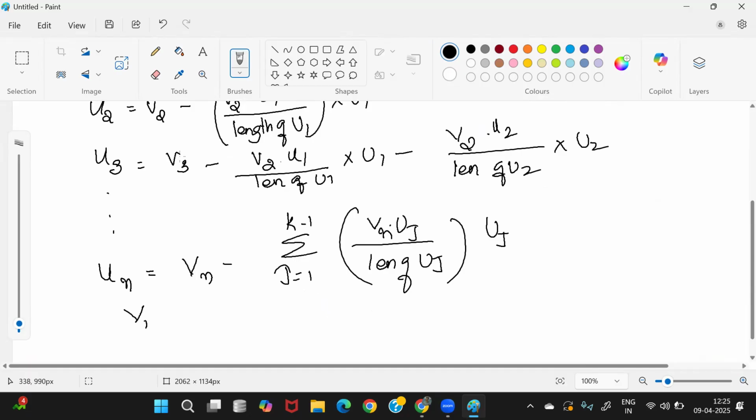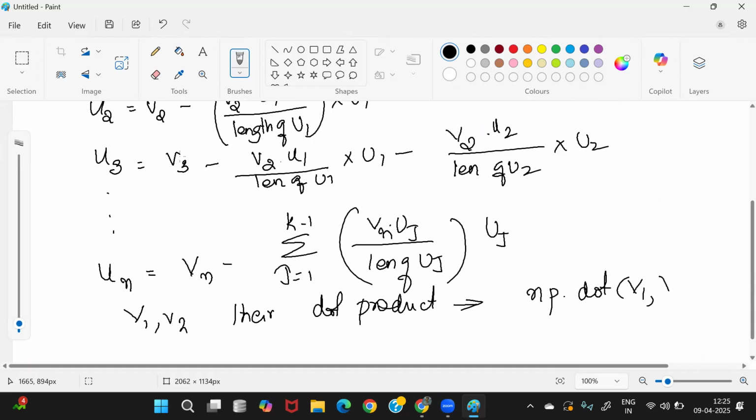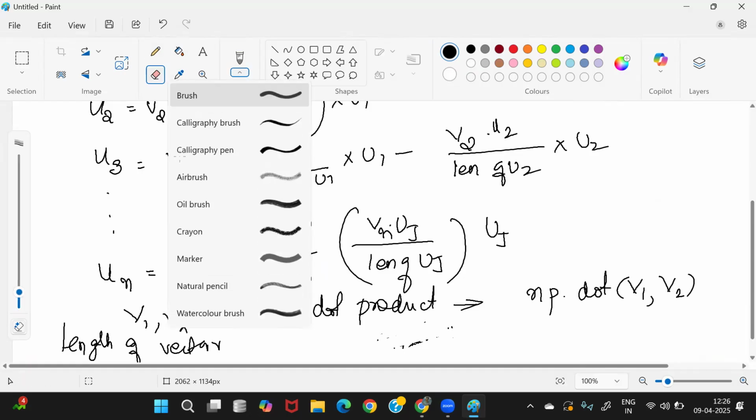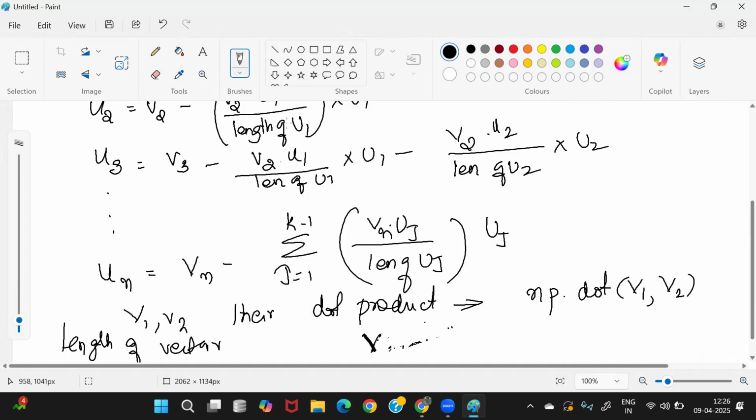Now, given two vectors, say v1 and v2, their dot product in Python using the numpy module is numpy dot vector 1 comma vector 2. Now the length of vector v is the dot product of the vector with itself, square rooted.